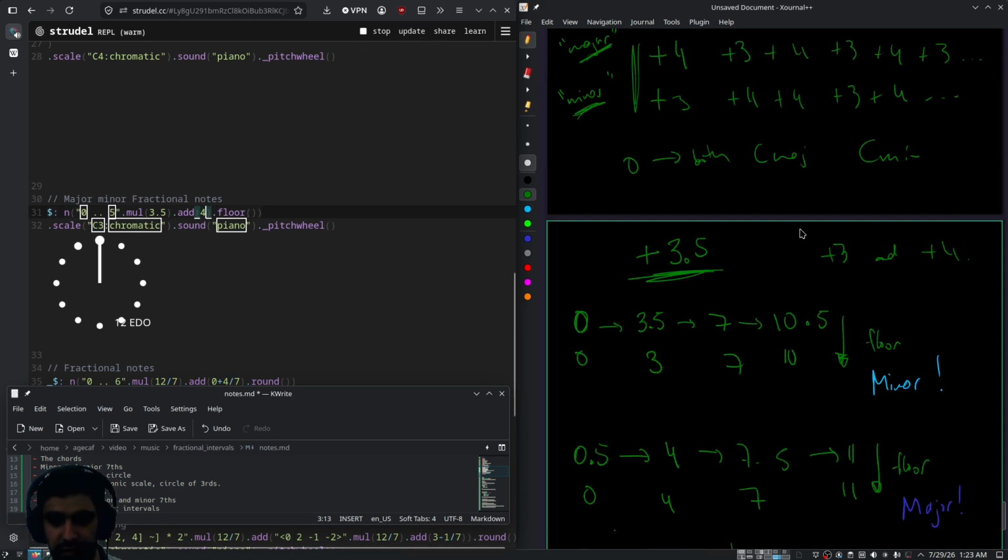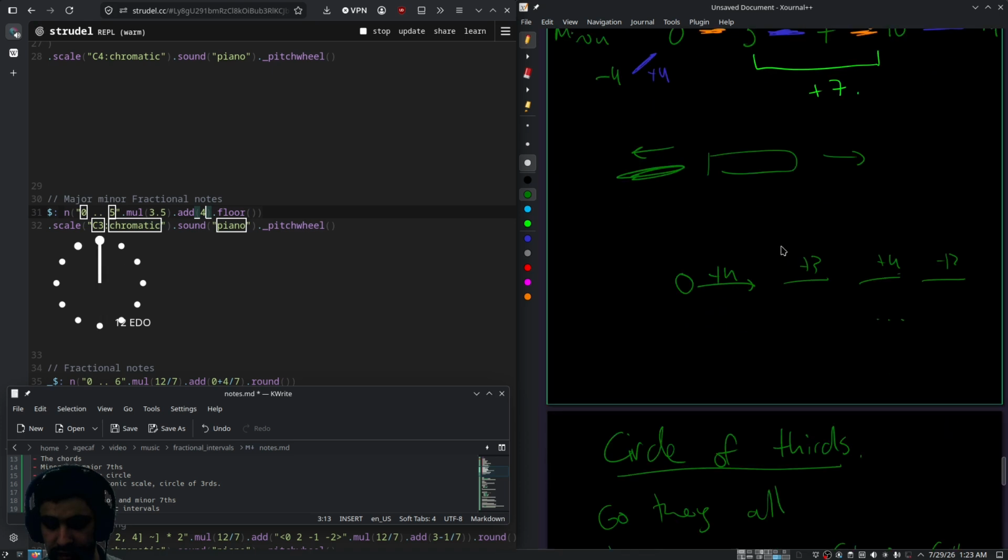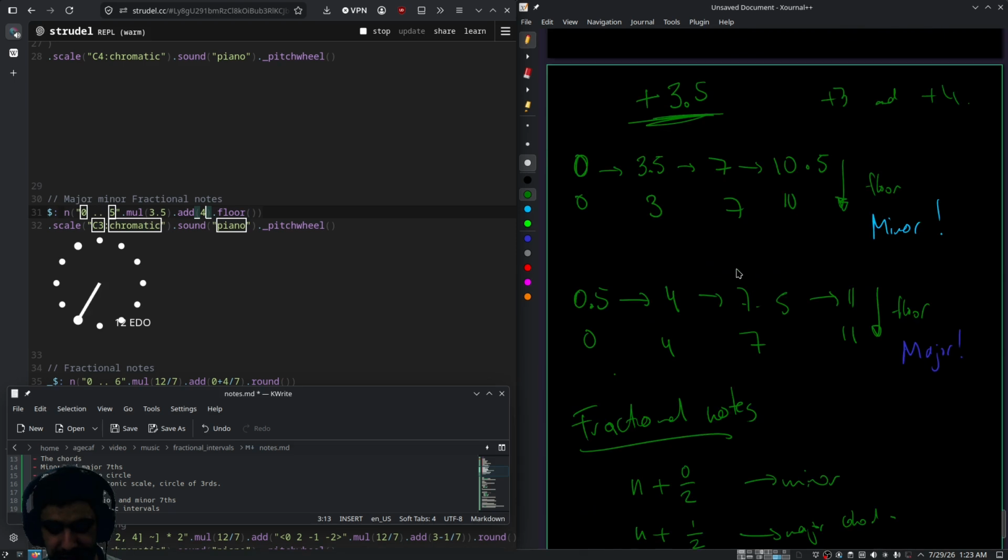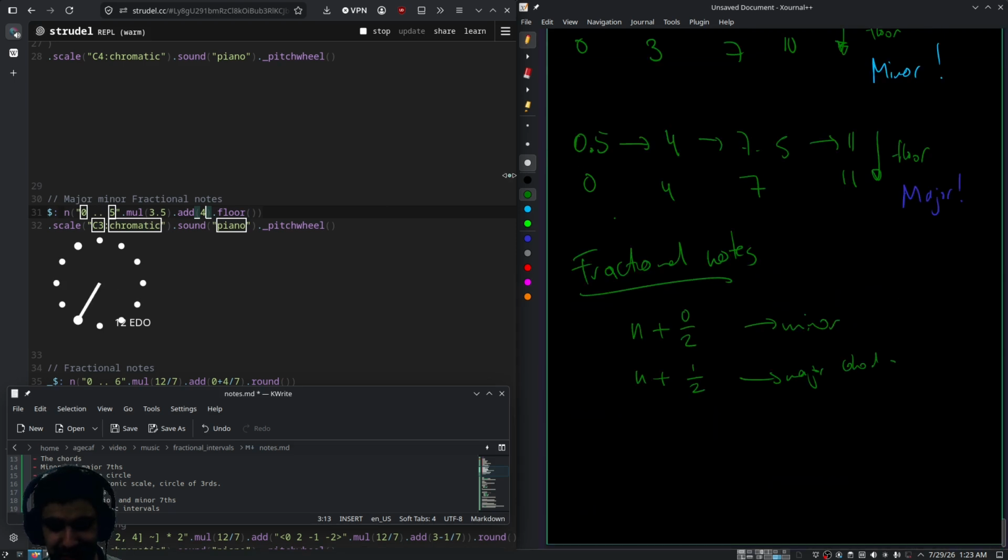And that should be moving once in this direction. But what if we now remove 0.5 from that? That should move us from minor to major, but by stepping downwards.